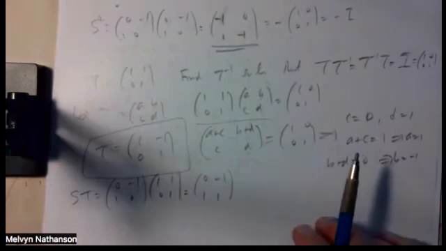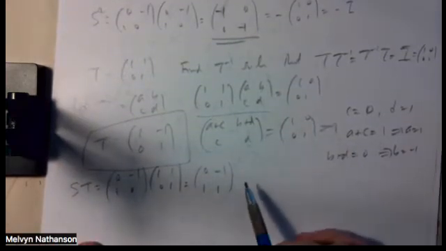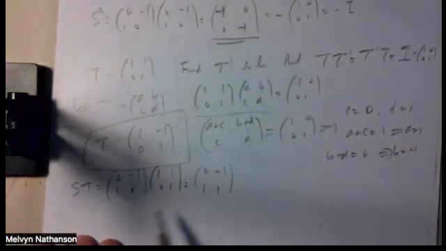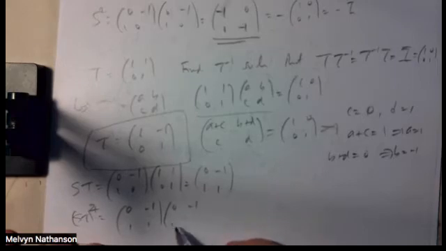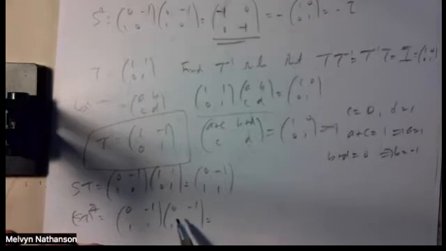That's ST. What would be ST squared? This is ST. You multiply it by itself. You get 0, 1, minus 1, 0.